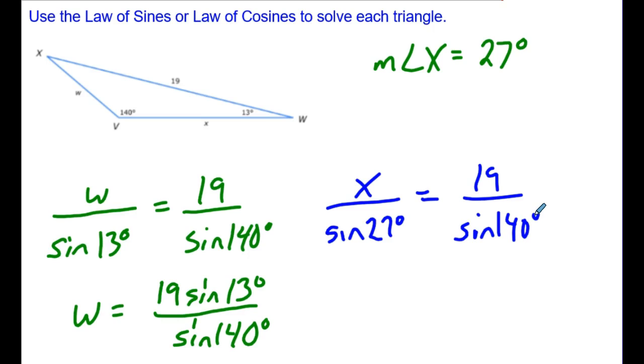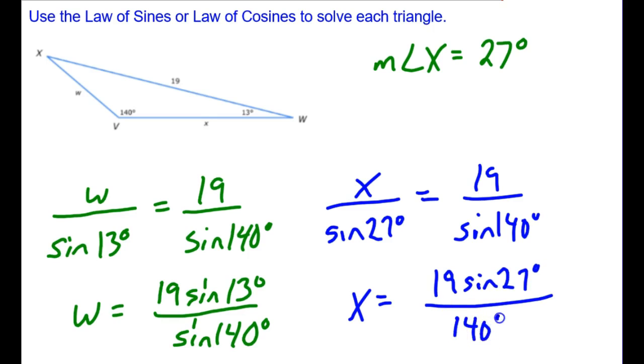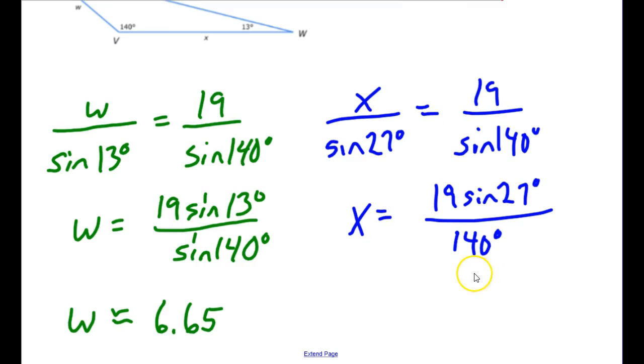To get X isolated by itself, multiply both sides of the equation by the sine of 27 degrees, which will leave us with X is equal to 19 times the sine of 27 degrees divided by the sine of 140 degrees. Again, type this in on your calculators to get an approximation. And if you do that, you will get X is approximately 13.42.